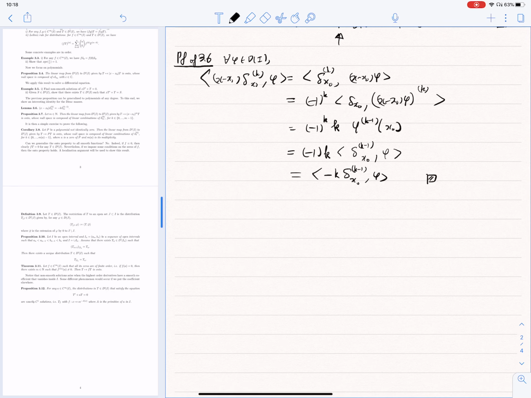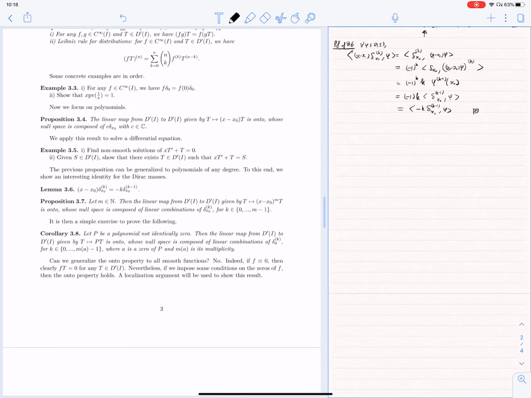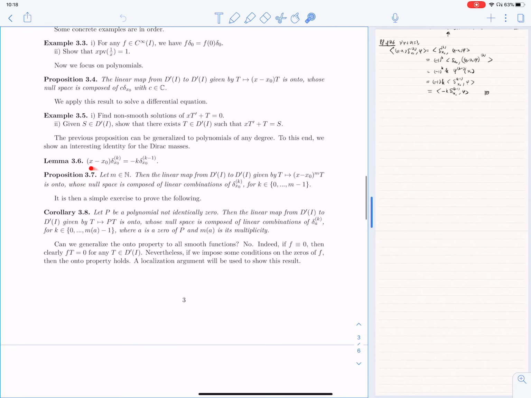Okay. So once we know the lemma, I think we are ready to generalize proposition 3.4. Now we're considering proposition 3.7. So we consider any natural number n.